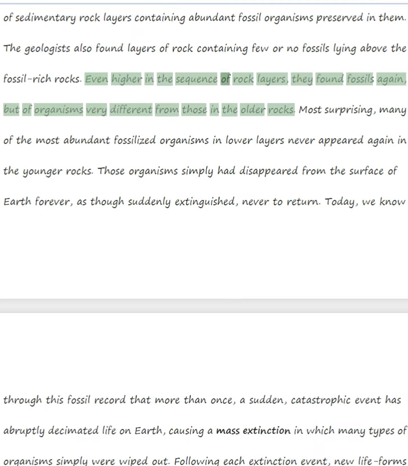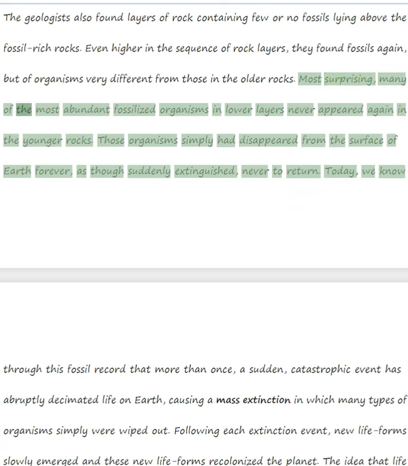Even higher in the sequence of rock layers, they found fossils again, but of organisms very different from those in the older rocks. Most surprising, many of the most abundant fossilized organisms in lower layers never appeared again in the younger rocks. Those organisms simply had disappeared from the surface of Earth forever, as though suddenly extinguished, never to return.